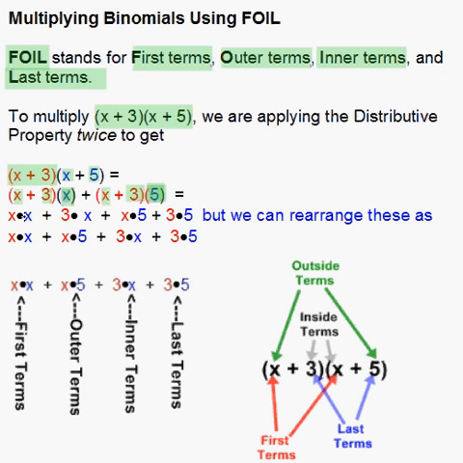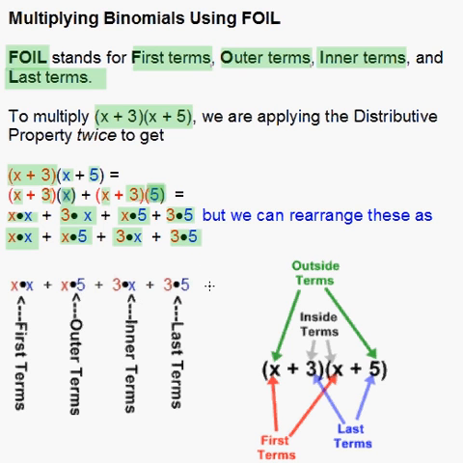And all of these products are x squared, or x times x, 3 times x, 5 times x, and 3 times 5. But we can rearrange these as x times x plus x times 5, or 5 times x, plus 3 times x plus 3 times 5.